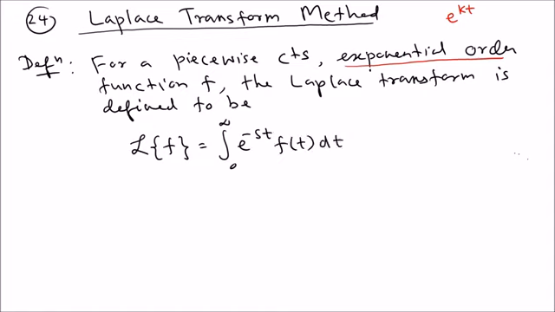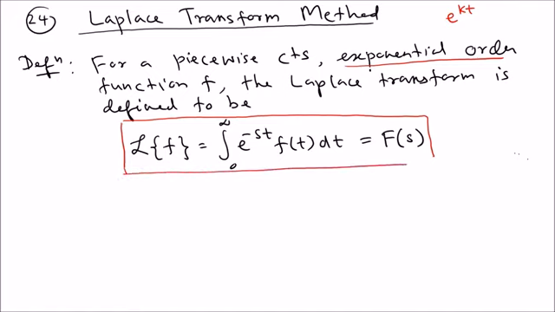You integrate with respect to t, with limits going from 0 to infinity. We write this as F(s), because once you integrate, you get a function of s. We use uppercase F for that. So that is the definition of a Laplace transform. It's just an improper integral. You learned improper integrals in Calc 2, so we use those ideas.